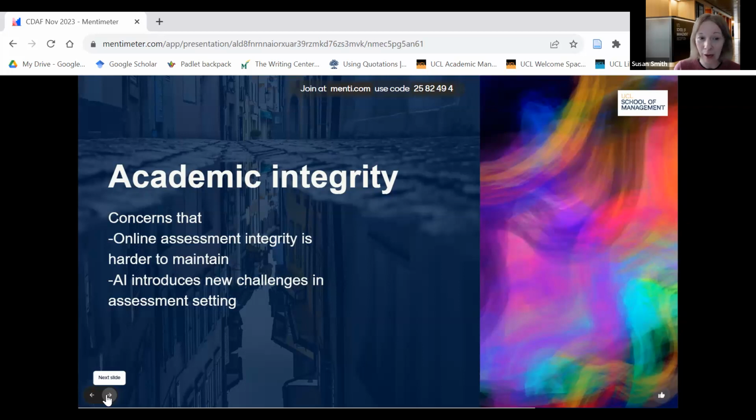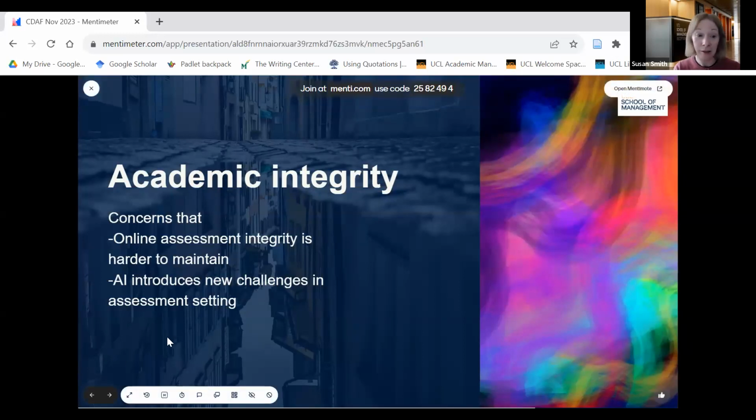And also that AI is introducing new challenges for us that we're all grappling with right now, and no doubt there will be lots and lots of stories around assessment and feedback and marks distributions and probably contributions to grade inflation and so on coming into the sector as this academic year progresses, linked to the use of generative AI in assessments.